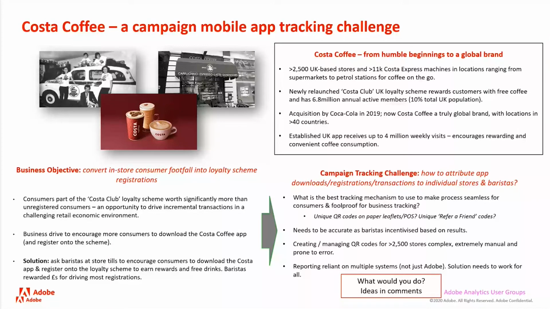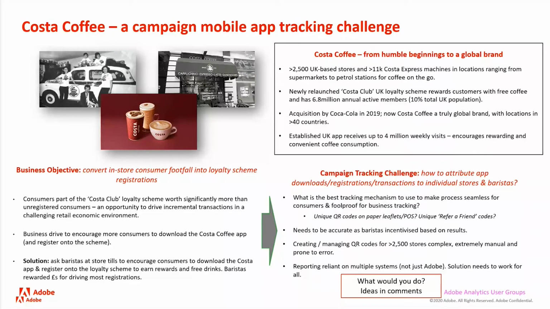What we're trying to do right now is explore driving more users to download our app, from users that are purchasing a coffee at a till in a store. How can we get them to download our app, register, and then ultimately transact using the app? We know there's a big opportunity, because registered users are worth a lot more.